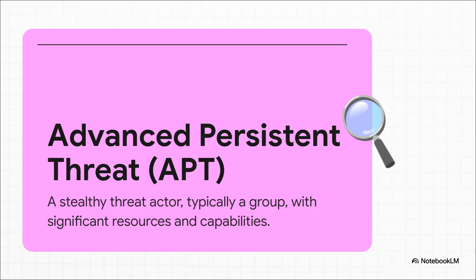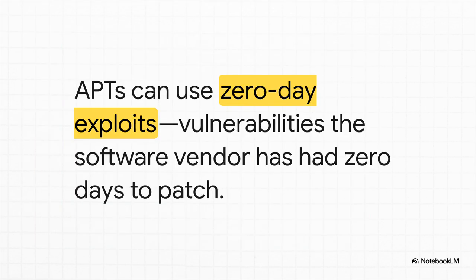They're advanced in their skills, and persistent, meaning they can stay hidden inside a network for a really, really long time. So what makes these APTs so incredibly dangerous? Well, they're experts at finding brand new, totally unknown vulnerabilities. We call these zero-day exploits. Why zero-day? Because the moment they're used, the good guys have had, you guessed it, 0 days to come up with a defense.